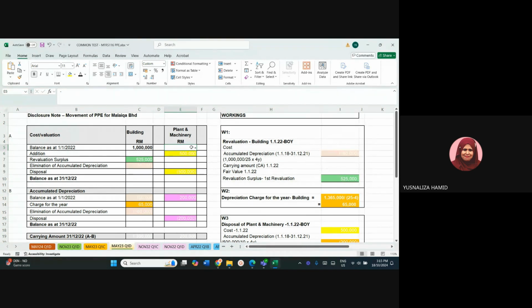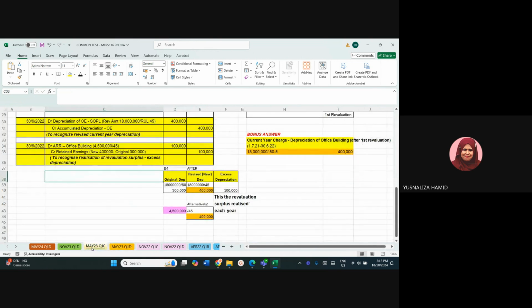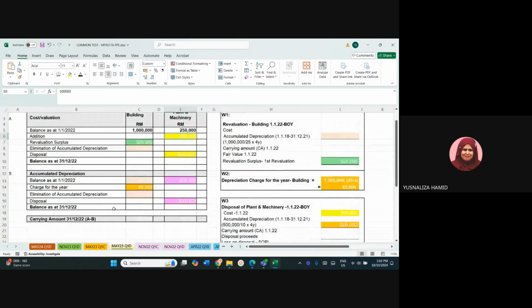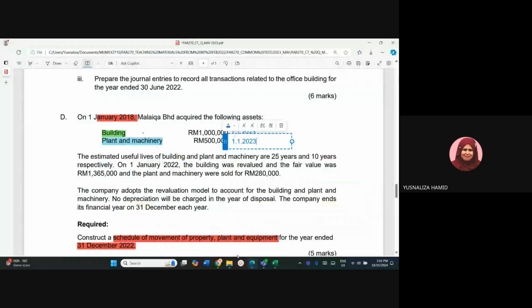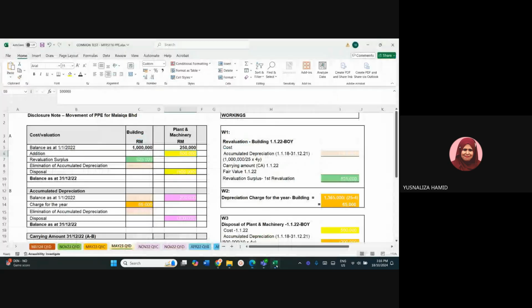This is 250,000 here. So you have to include that. Okay. So the beginning balance was how much? Let me just check again. May 2023. Okay, 1 million. So 1 million. Now, let's go and look at the information.